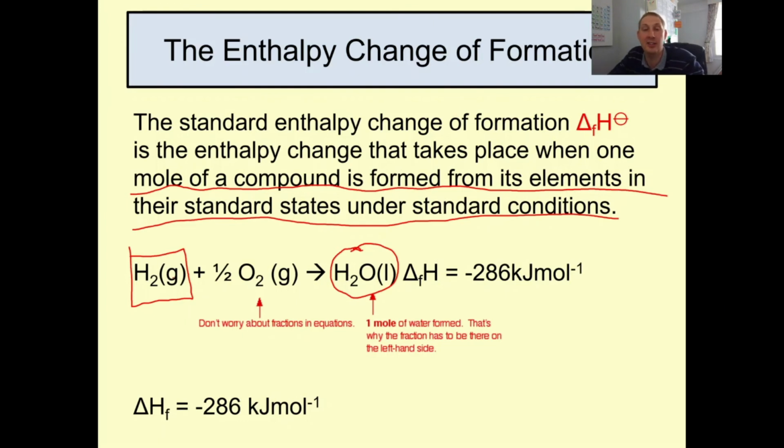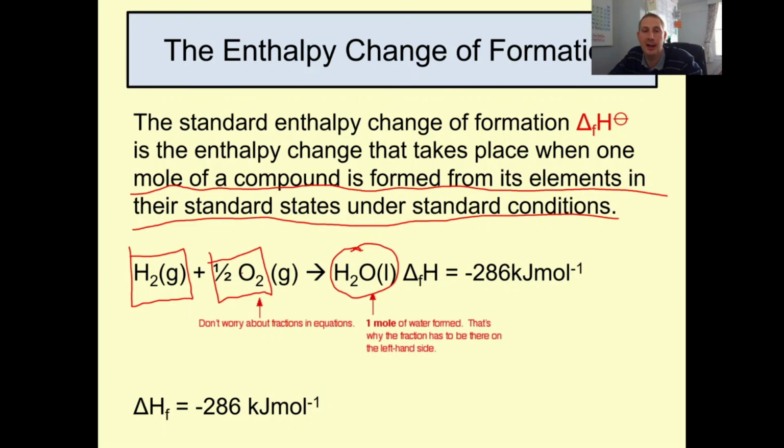The standard state of hydrogen is a gas, H2, diatomic. And we would form it from half a molecule of oxygen. Again, oxygen, standard state of oxygen is a gas, a diatomic gas at room temperature.